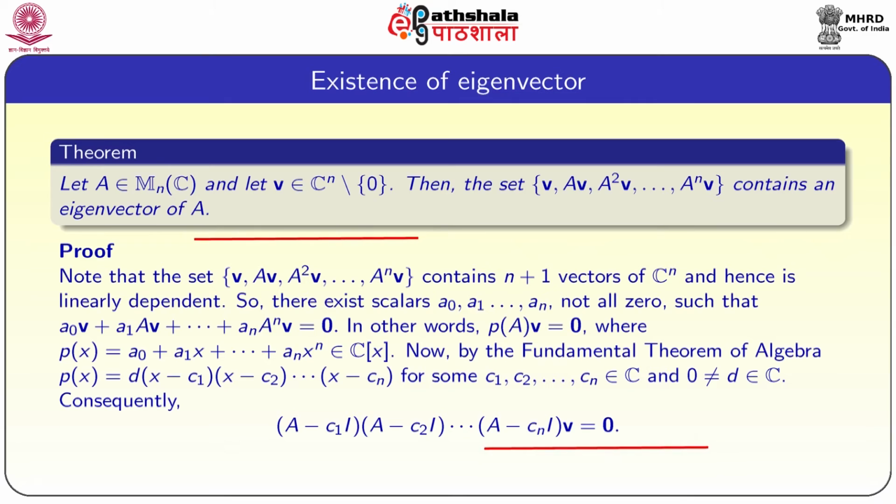So, every polynomial completely splits in C. So, P of x is written as d into x minus c1 into x minus c2 and so on x minus cn, for some c1, c2 up to cn belonging to C, and 0 not equal to d belonging to C. Consequently, A minus c1 into I times A minus c2 into I and so on A minus cn into I into V is equal to 0.